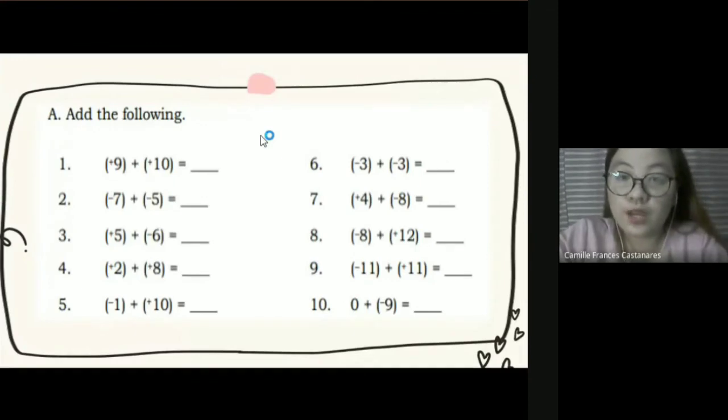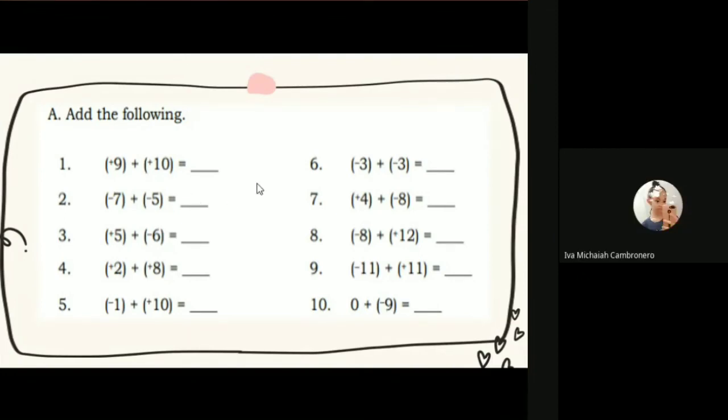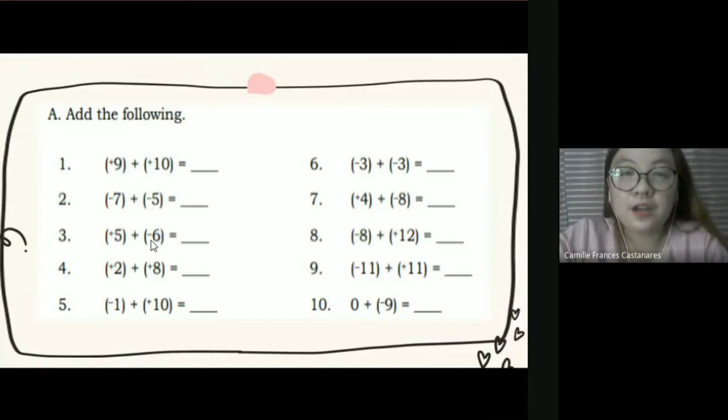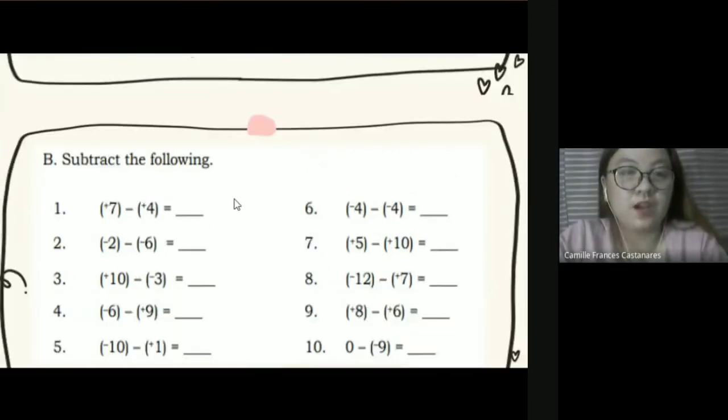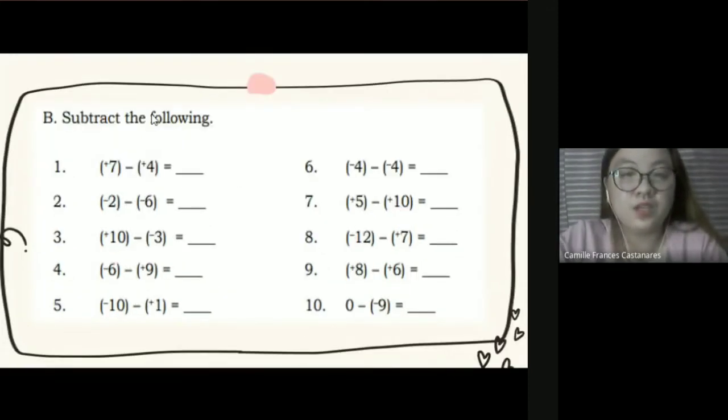Rule number 1, again, pag same sign, add the integers and then copy the sign. Okay, copy the sign. Then, kapag different sign, subtract the integers and then copy the sign of the bigger number. Okay, very good.